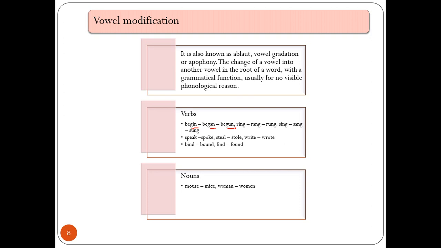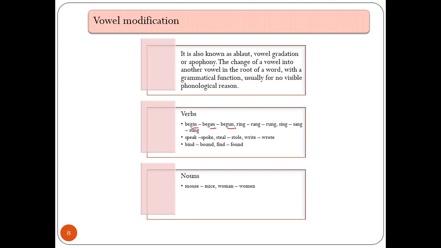And when I say vowel, we do not mean just A, E, I, O, U. I'm trying to clarify the concept that when I say vowel, I'm referring to all of those 20 vowels. This is what you have to remember.